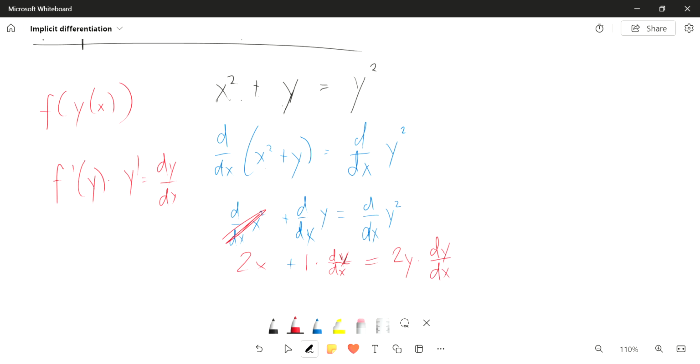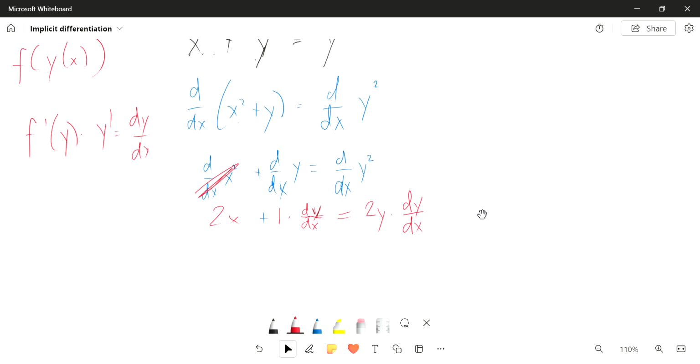Now the simple part, which is just algebra, is making the rest of the function in terms of dy over dx. In fact, this isn't even necessary if you're trying to find the derivative at a specific point.